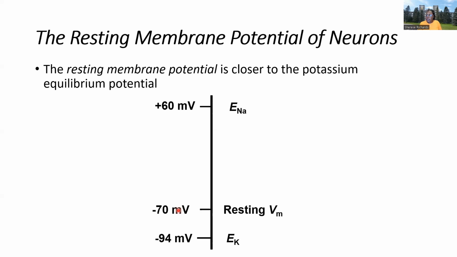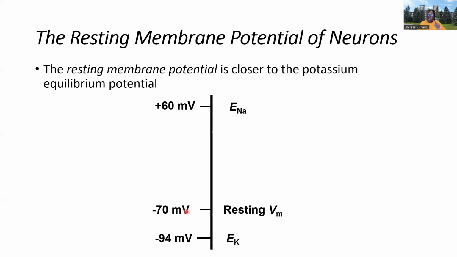If we alternatively look at potassium, potassium's equilibrium potential is fairly close to the resting membrane potential, but it is still slightly more negative, which means that potassium is going to be moving in the opposite direction to get to its comfort zone, to get to its equilibrium value. So as the resting membrane potential is negative 70, potassium is going to trickle out of the cell.